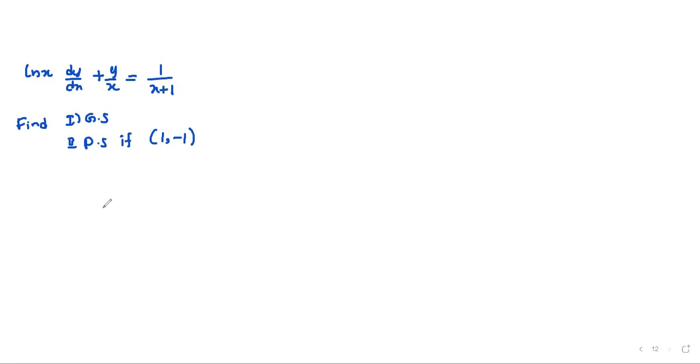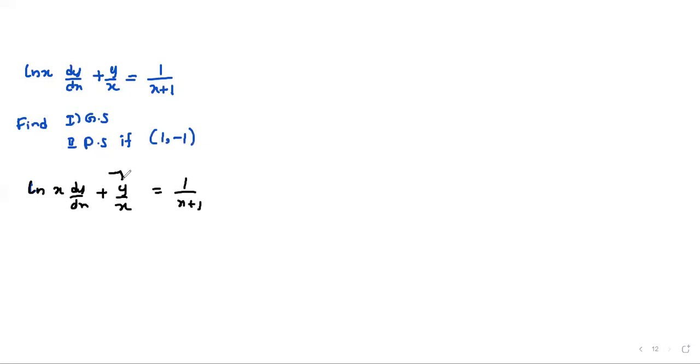Right, we'll go ahead with this. Then you can see, if you start with this proportion, ln x dy by dx plus y over x is equal to 1 over x plus 1.